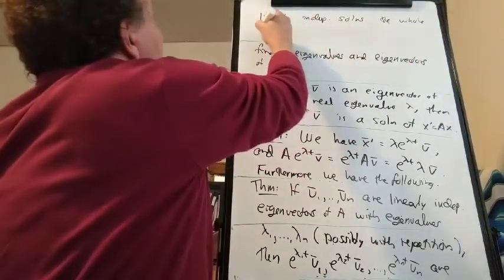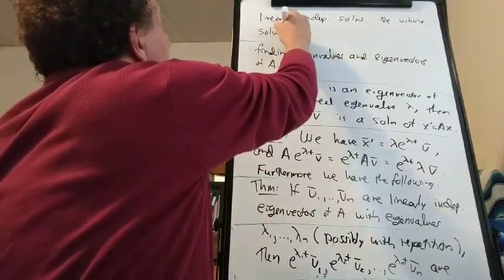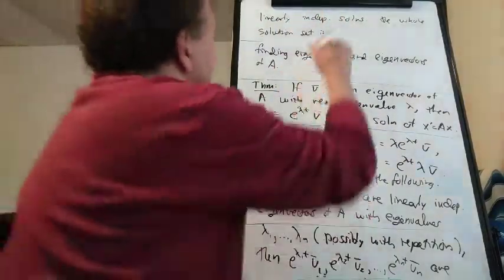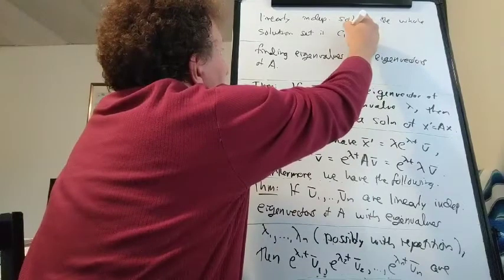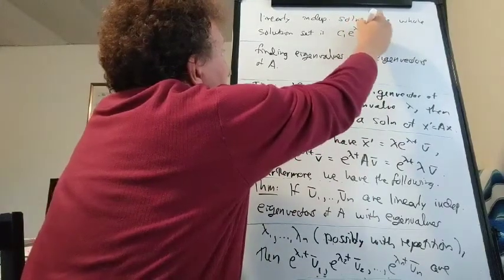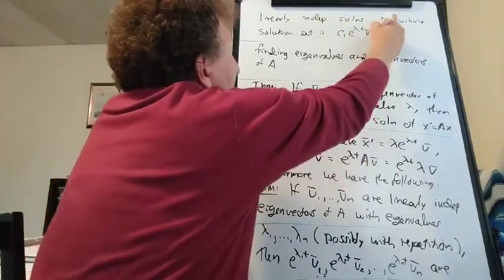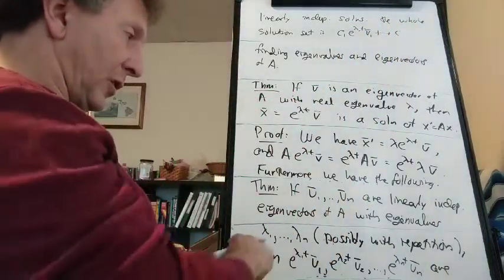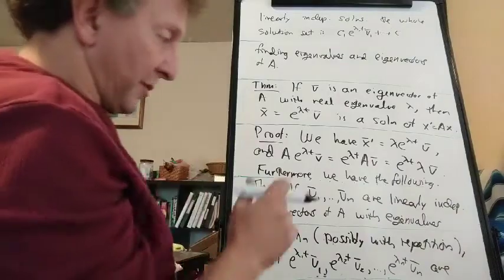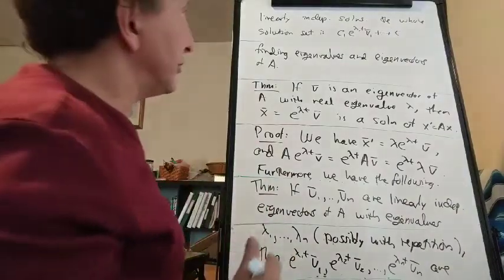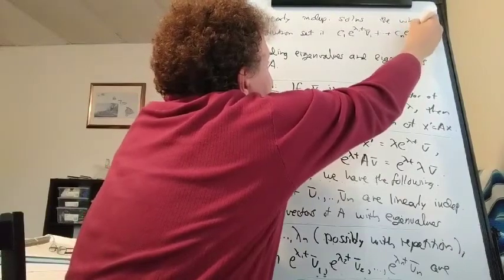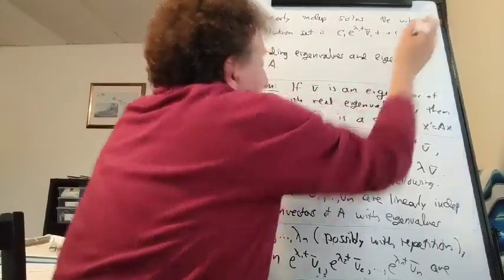And then the whole solution set is C1 e to the lambda 1 t, first eigenvector, sum of that. So basically this is a fundamental set. So all linear combinations of these form the general solution, the set of all solutions, up to Cn e to the lambda n t nth eigenvector.